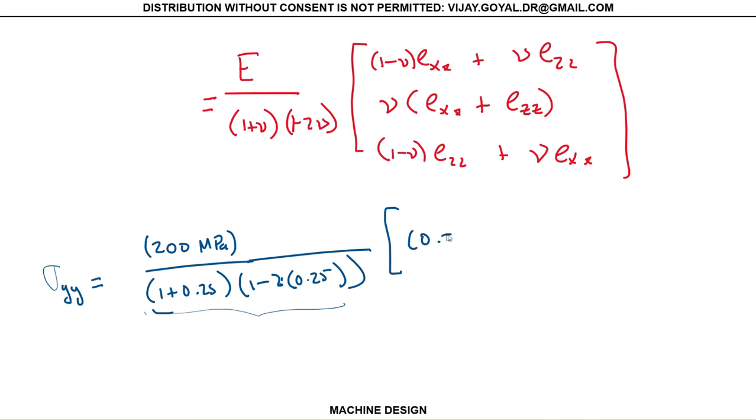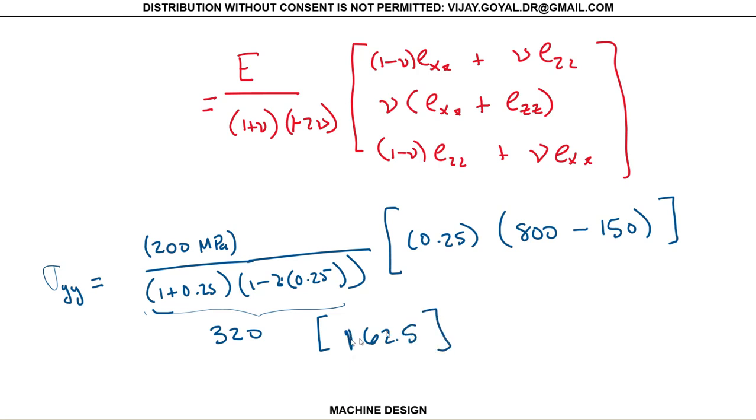That is 0.25 multiplied by 800 minus 150. And if you do the math, this gives you 320, multiplied by this whole thing gives you 162.5. And when you multiply this, you get 52 kilopascals.